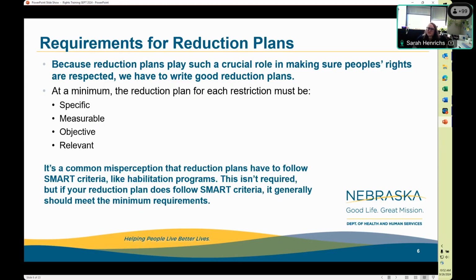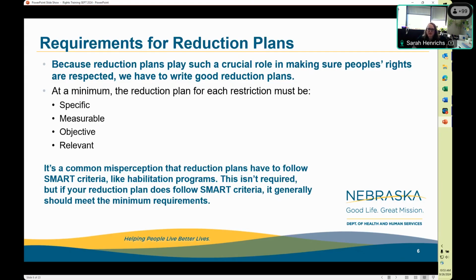So that's the other piece of this, is that you want to make sure that what you're using as a reduction plan actually measures the reduction of risk that is the reason we have that rights restriction. And it can be hard because providers don't want to collect data on a bunch of extra things.